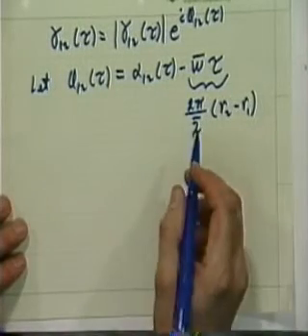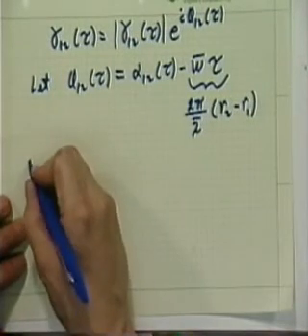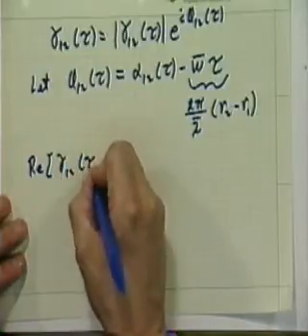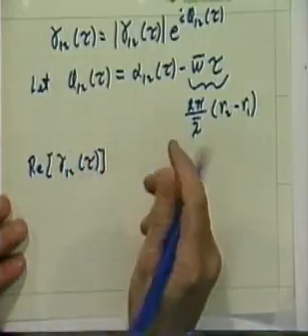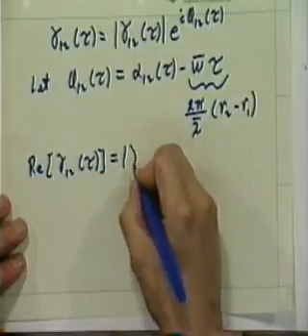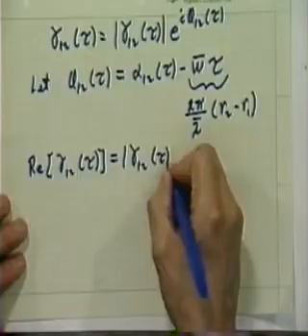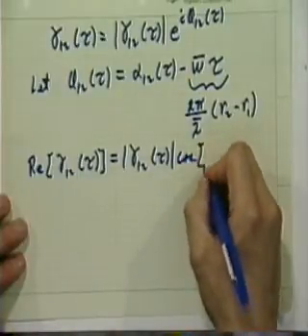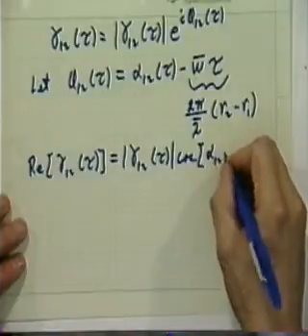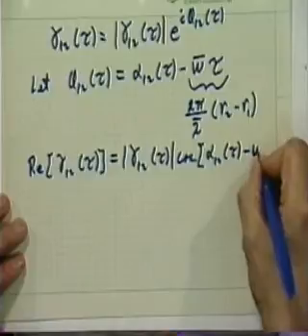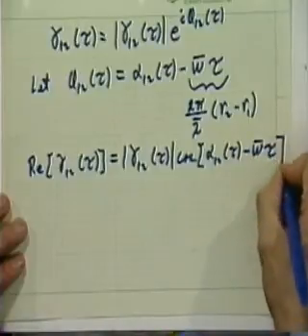So what I can do here is write that the real part of gamma 1/2 of tau is equal to the magnitude gamma 1/2 of tau times the cosine of alpha 1/2 of tau minus omega average times tau.